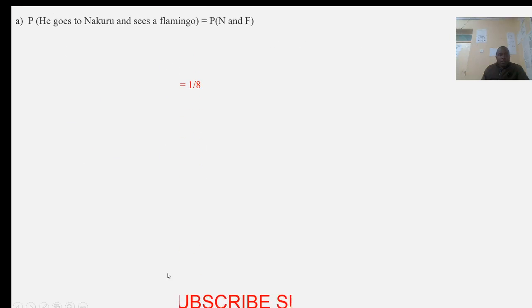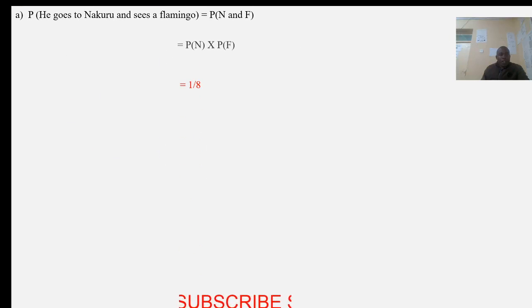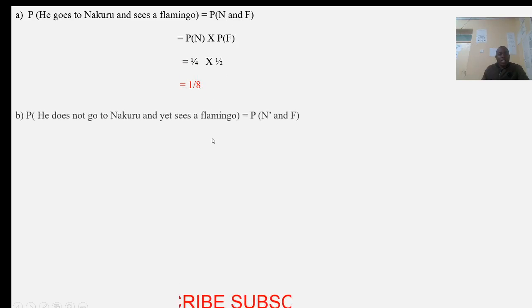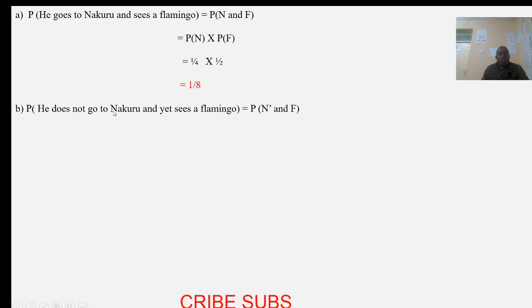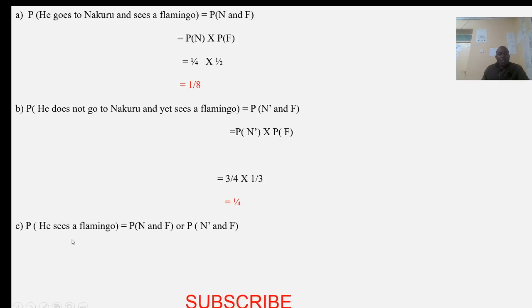Yes, like I've said, the probability he goes to Nakuru and sees a flamingo is a quarter times a half, which gives you 1/8. The probability he does not go to Nakuru and yet sees a flamingo is 3/4 times a third, which gives you a quarter.